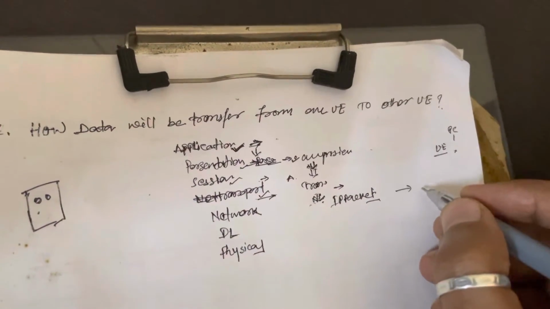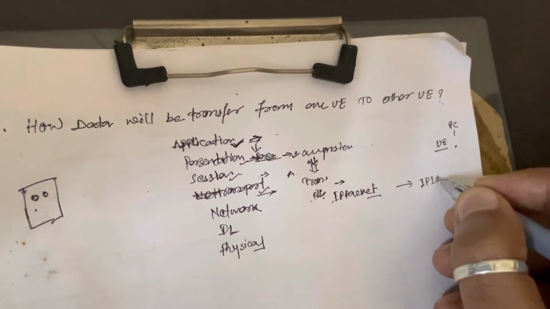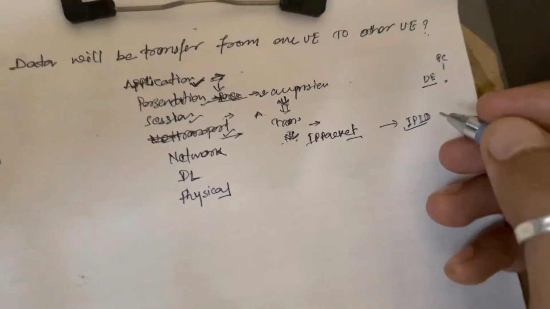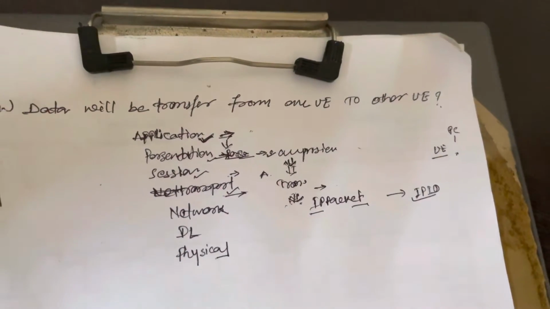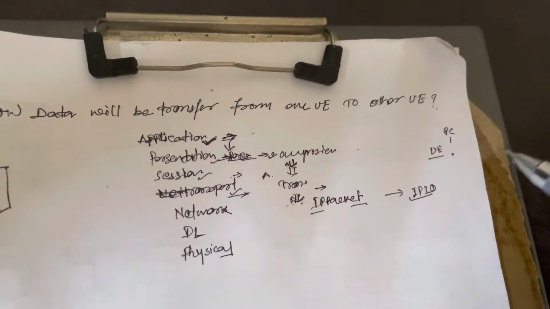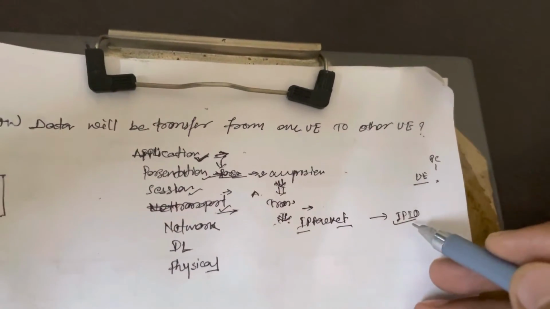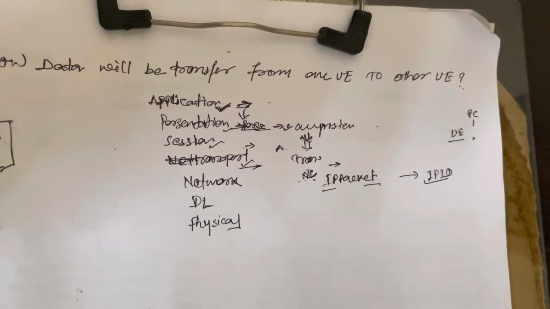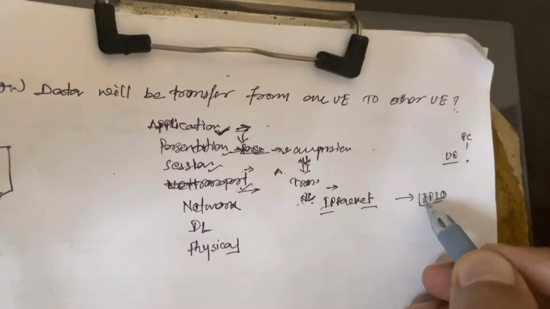Then you need an IP address, right? Without an IP address, how can you transfer this IP packet? So once you have the IP packet, for sending this data you need IP addresses.